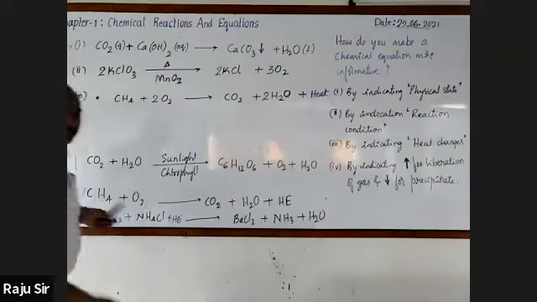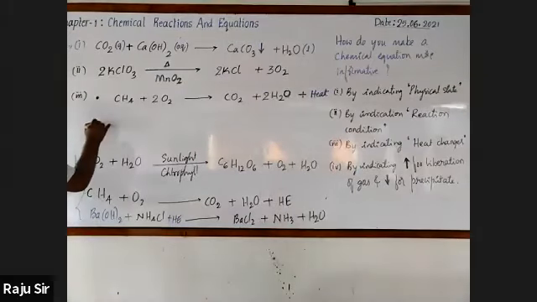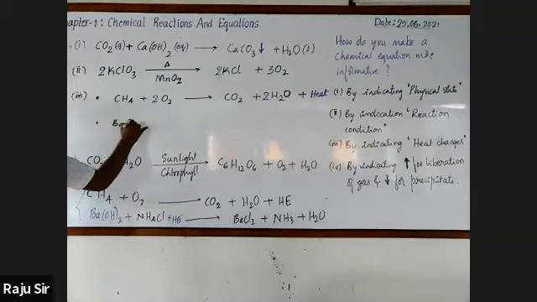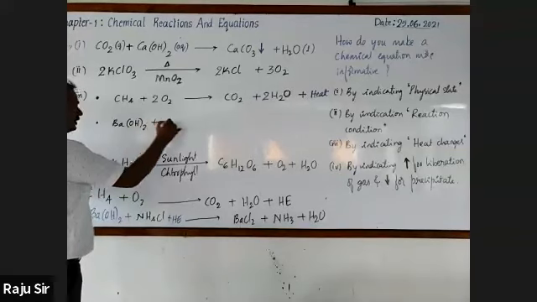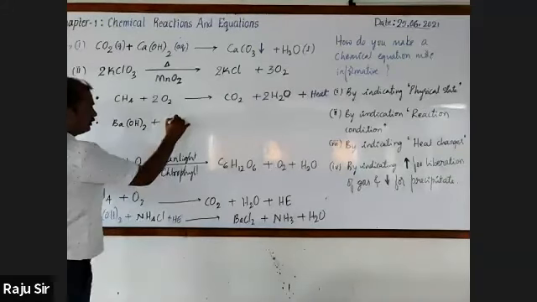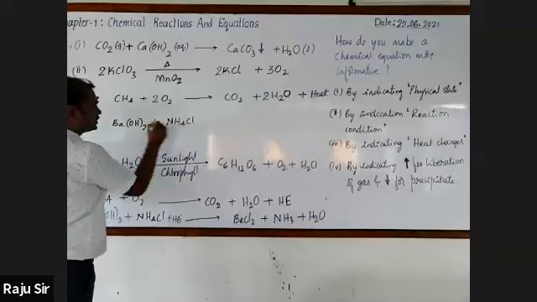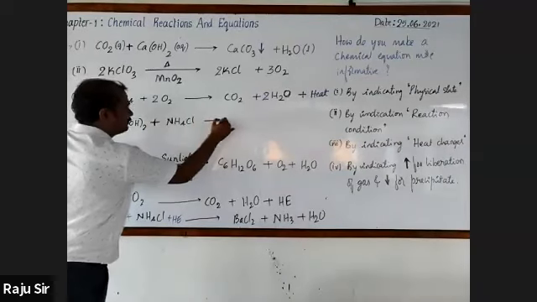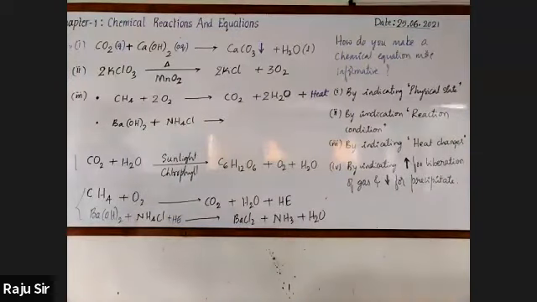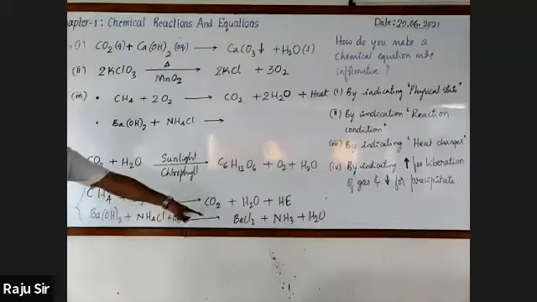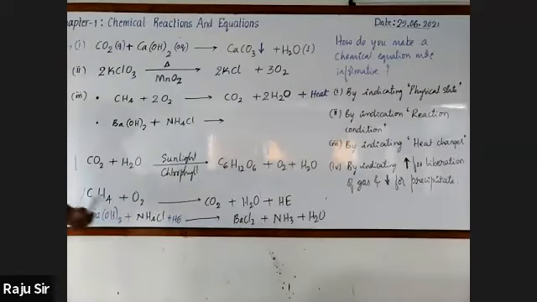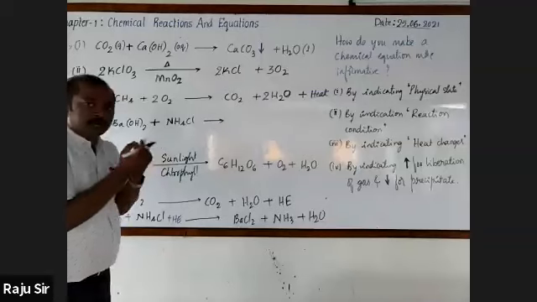Next, I'll take another example where the heat is absorbed. Barium hydroxide solution reacts with ammonium chloride, NH4Cl, and produces barium chloride, ammonia and water, only when it absorbs heat.